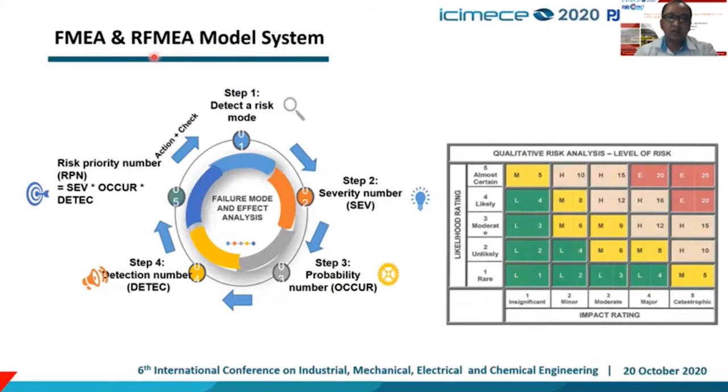In the FMEA and RFMEA model system, the first step is to detect a risk mode. This is for the FMEA method. Then the second is to calculate the severity number, and the third is the probability number. In step 4, we calculate the detection number.